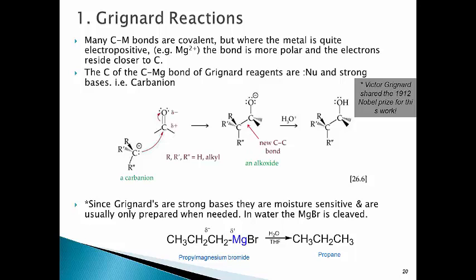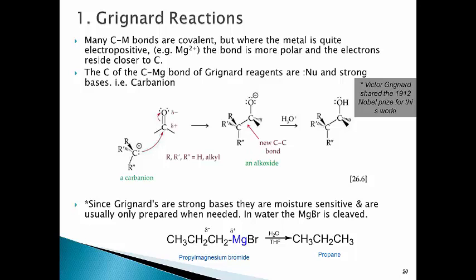Because of the polarity difference between the magnesium and the carbon, this carbon acts as a C-. So we've got this carbanion group that's formed. The C- can then act as a nucleophile and attack the carbonyl carbon. It's a very strong nucleophile.